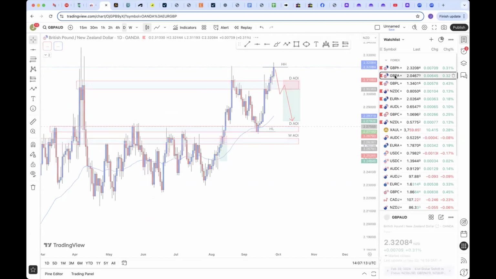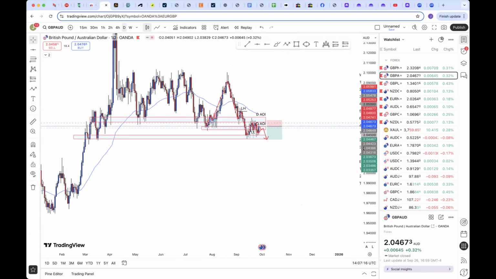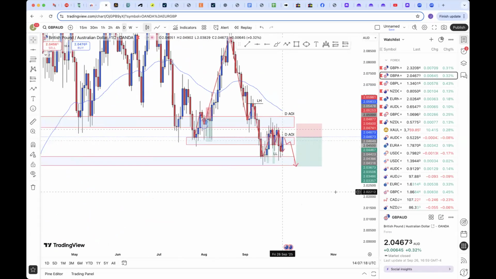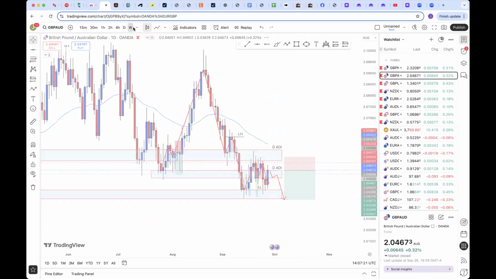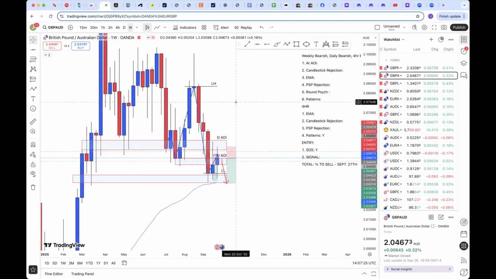Then I have GBP AUD. On the weekly, I saw a potential head and shoulder forming, with this being the left head, right shoulder potentially. Perhaps now we're going to create the right shoulder on the weekly.